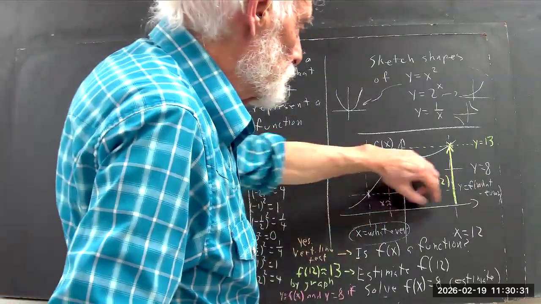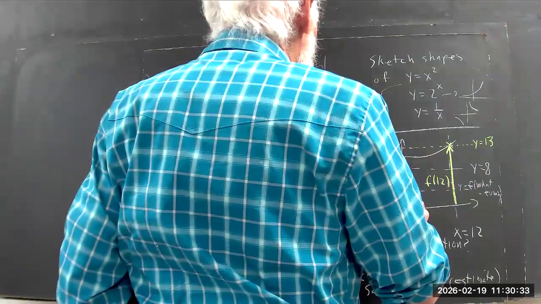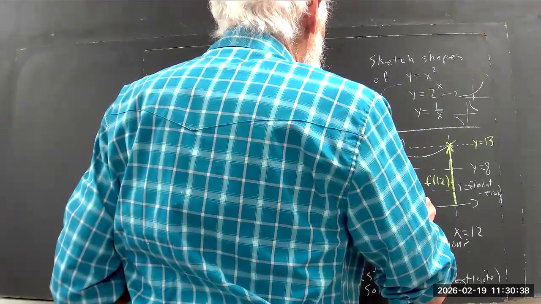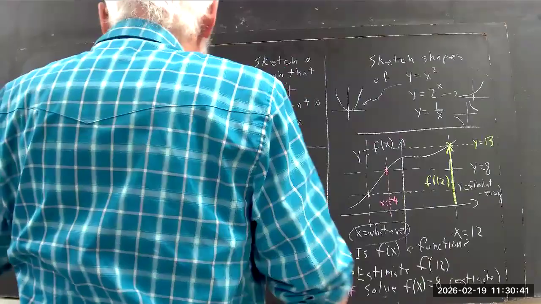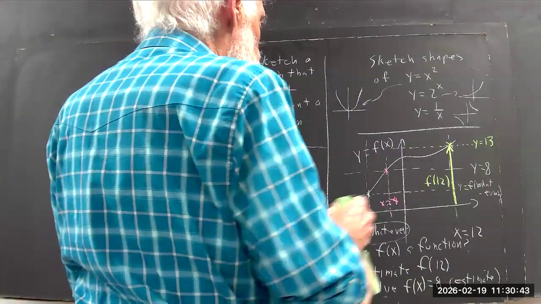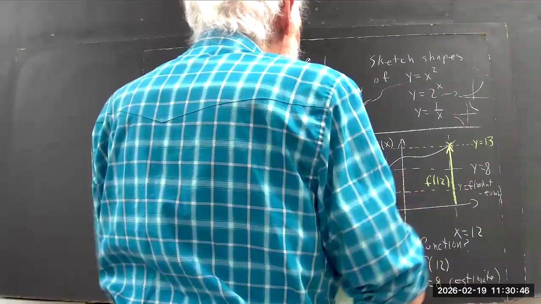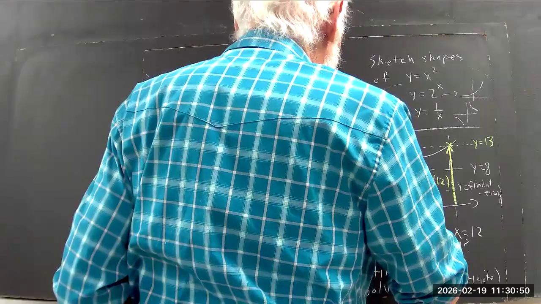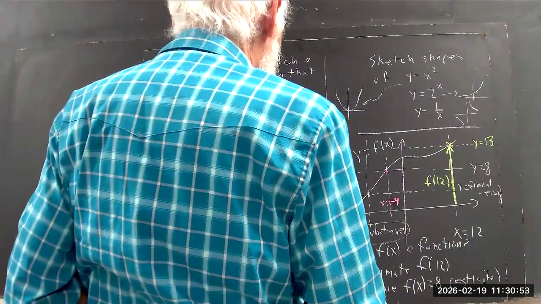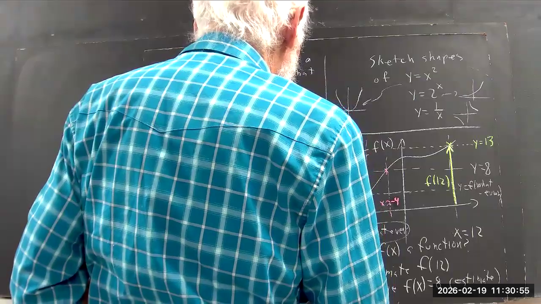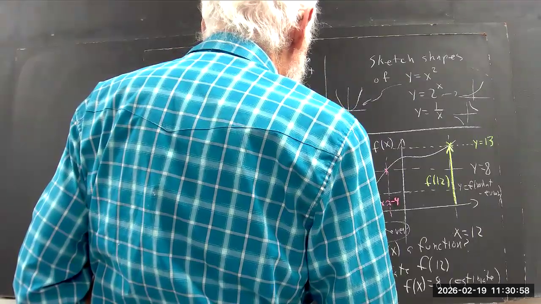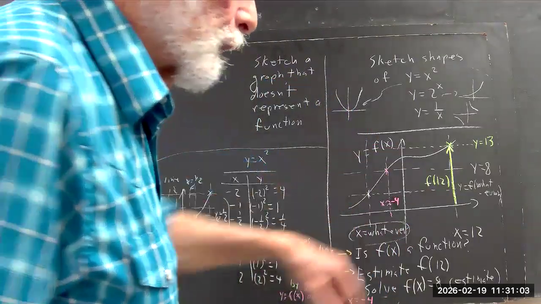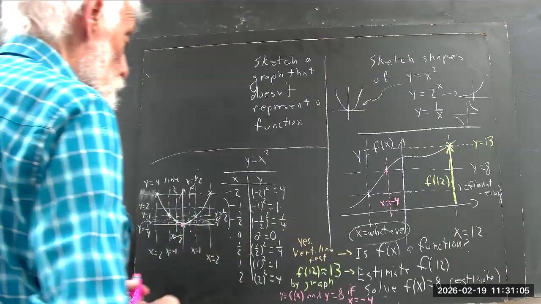So if it takes 3 times this distance to make 12, then x would be about -4 here. x equals -4 approximately. Make sure you understand every one of these statements and how it works.